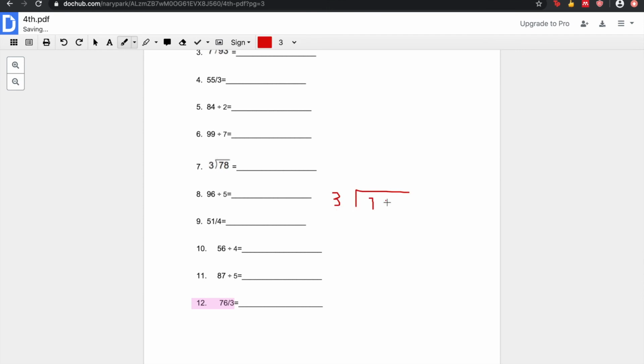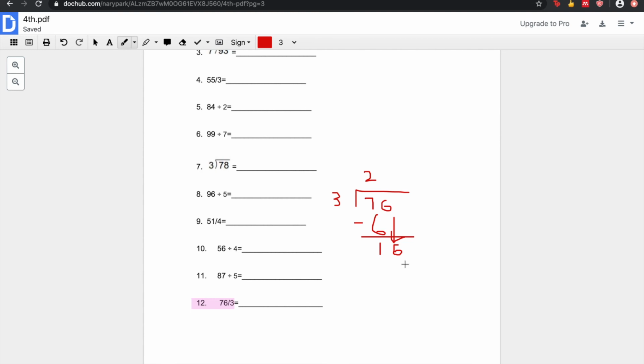So we decided that 3 goes 2 times into 7, which is 6. 7 minus 6 is 1. We bring down the 6. So can 3 go into 1? No, it can't. Can 3 go into 16? Yes, it can. How many times can it go into 16 without going over 16?